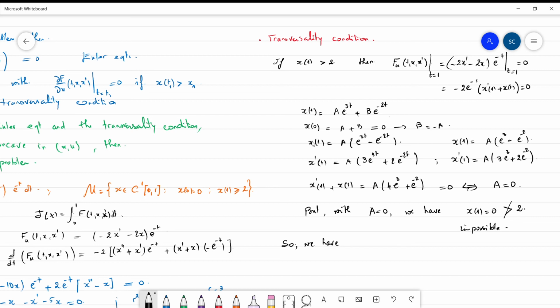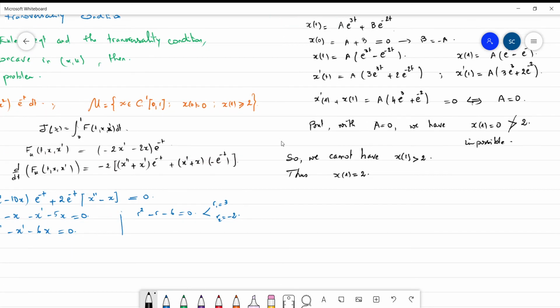So we cannot have x1 greater than 2, thus x1 is equal to 2, from which we deduce a.